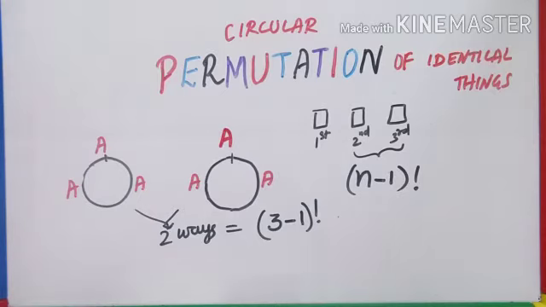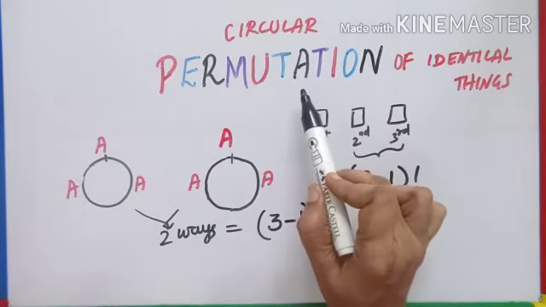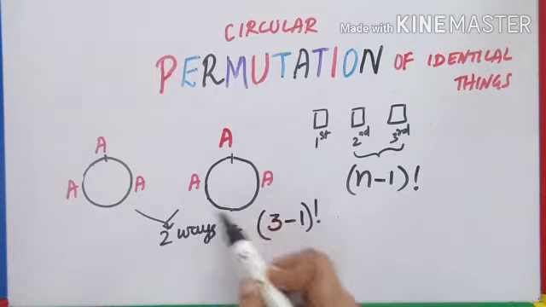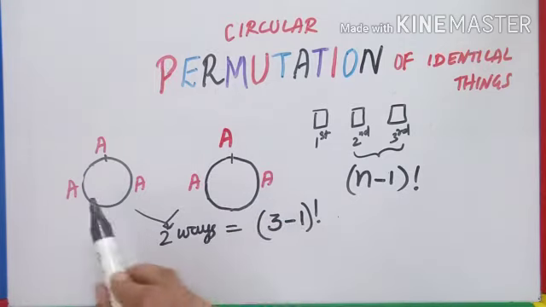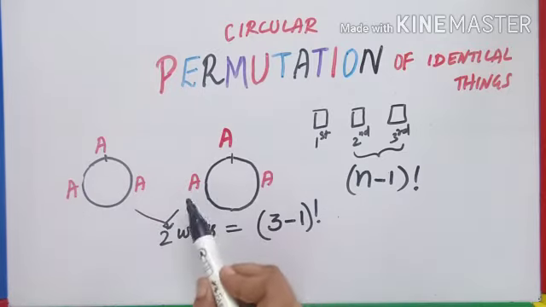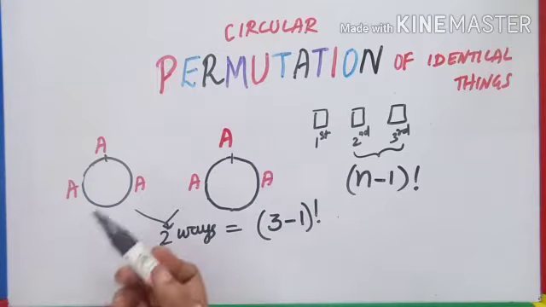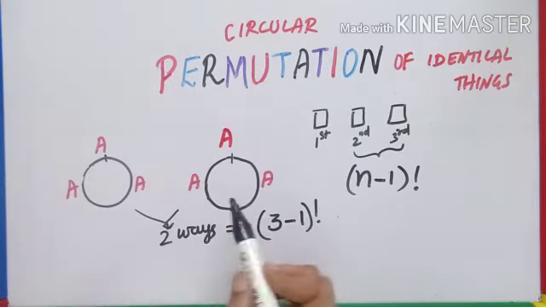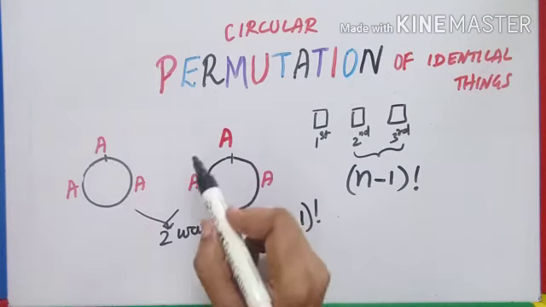The next idea, circular permutation of identical things. Suppose all three are the same, A only. Are they looking different? No. A here, A here also. In the previous case, B and C I interchanged, but here both are the same. So how many different arrangements? Only one.